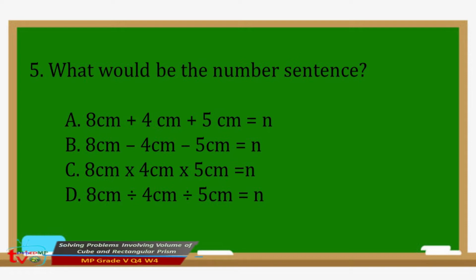B. 8 centimeters minus 4 centimeters minus 5 centimeters equals n. C. 8 centimeters times 4 centimeters times 5 centimeters is equal to n. And D. 8 centimeters divided by 4 centimeters divided by 5 centimeters equals n.